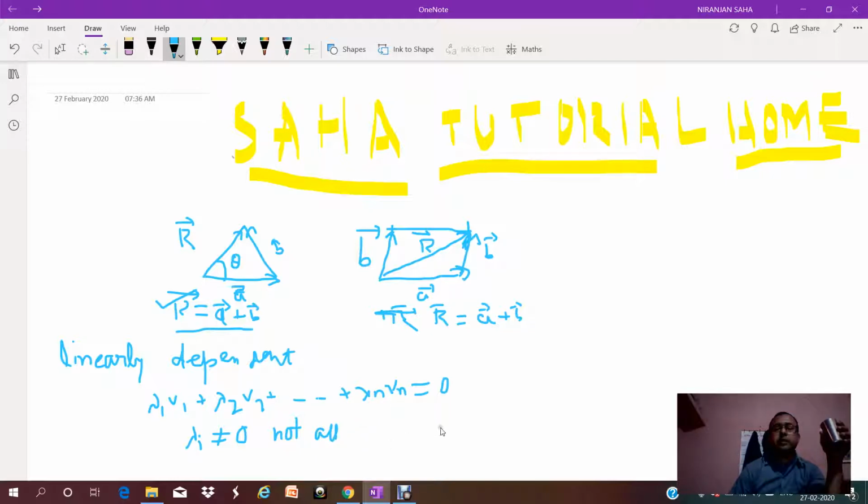And if this representation holds only when all lambda are equal to 0, only then can we say that the set of vectors v1, v2, dot dot, vn are linearly independent.